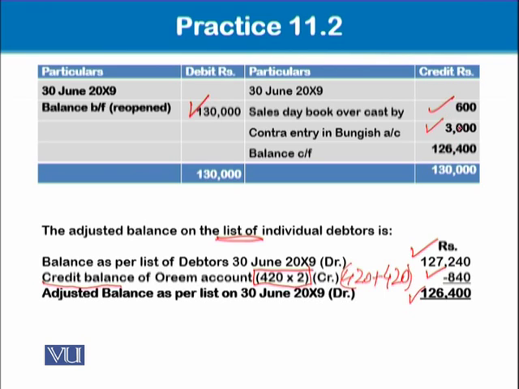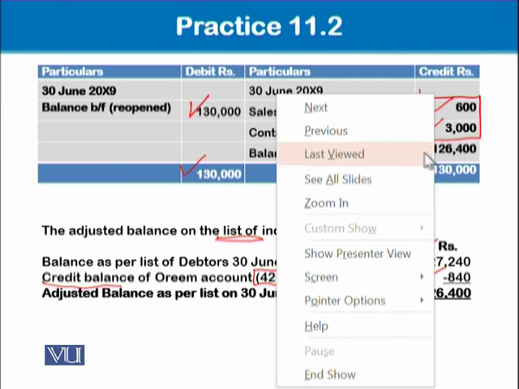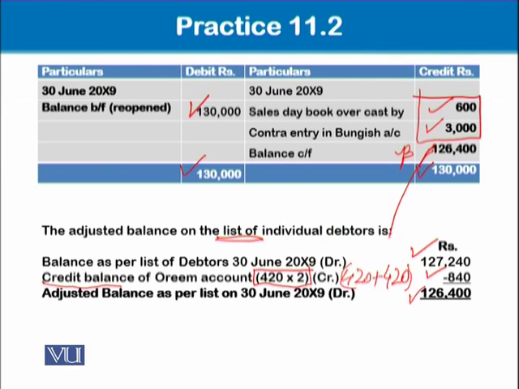Now make the total: 130,000, place it over here, subtract these two amounts, 3,600, and we get 126,400. Yes, it is exactly equal to the balance that we calculated for the list.